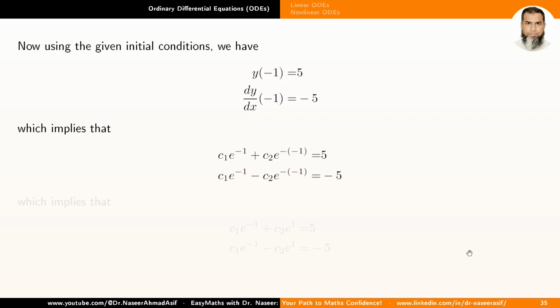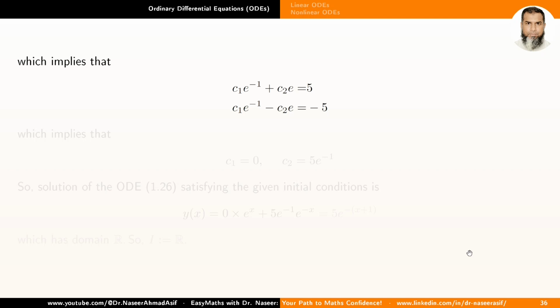So we have c1 exponential minus 1 plus c2 exponential minus into minus 1 is equal to 5, c1 exponential minus 1 minus c2 exponential minus into minus 1 is equal to minus 5. So we have c1 exponential minus 1 plus c2 exponential 1 is equal to 5, c1 exponential minus 1 minus c2 exponential 1 is equal to minus 5.